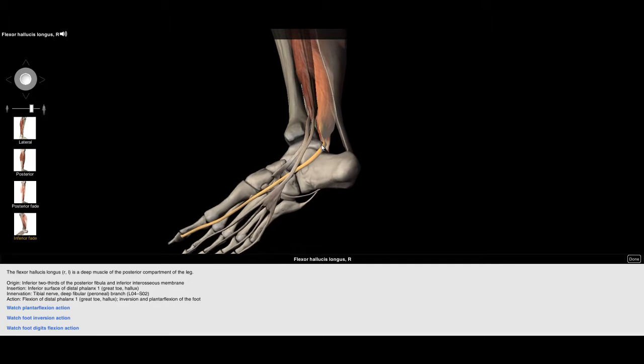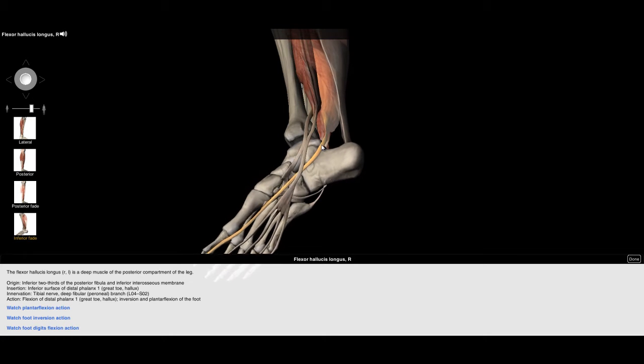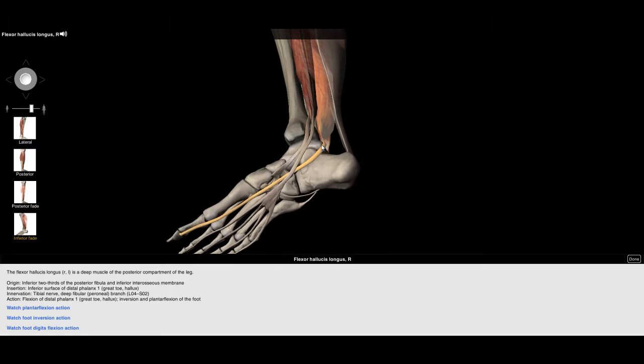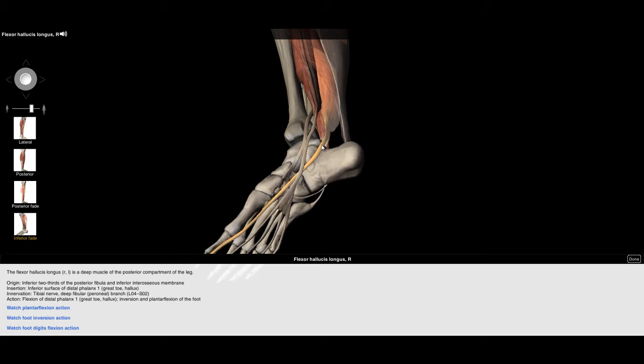Plantar flexes the ankle, but also flexes the first metatarsophalangeal joint, provides some longitudinal stability to the entire foot.